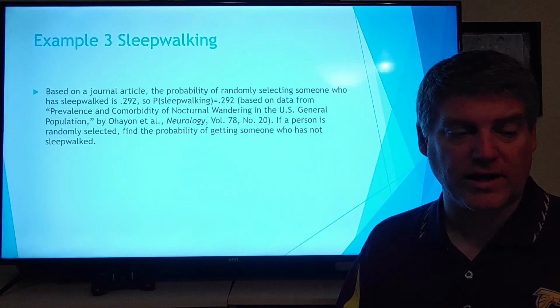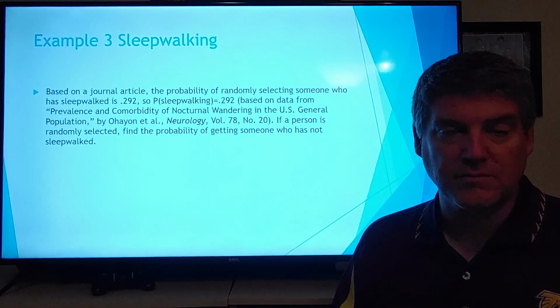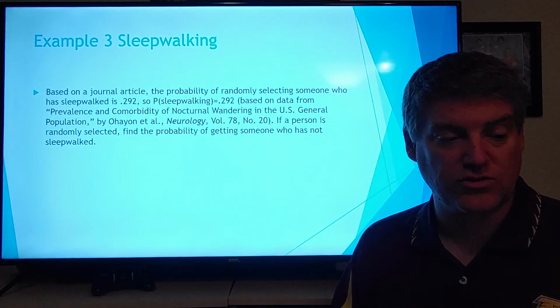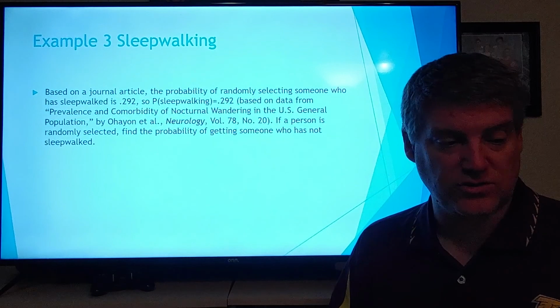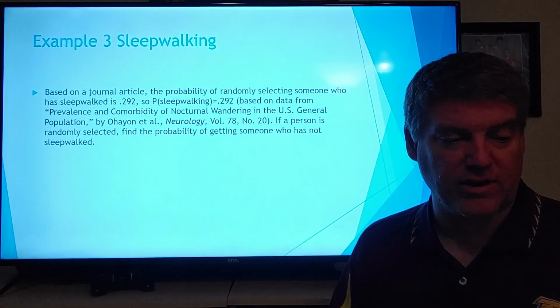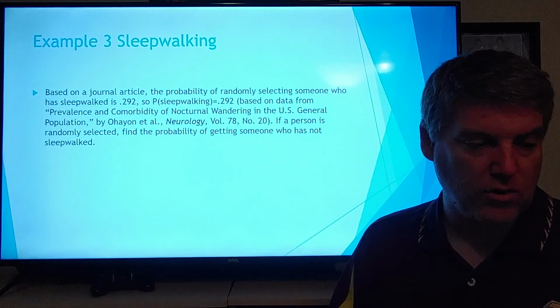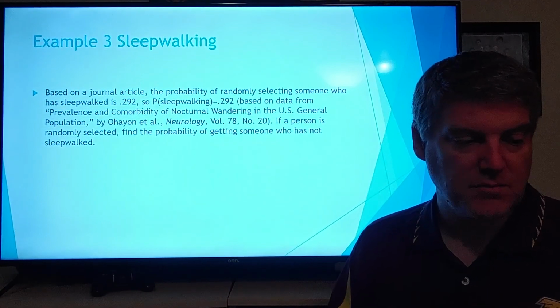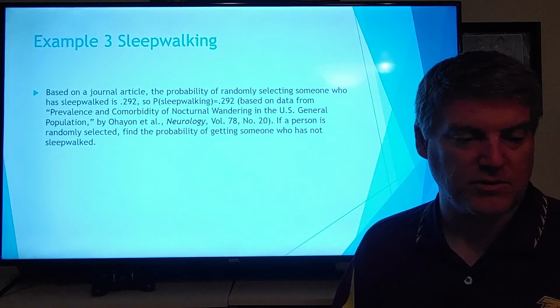Example 3, sleepwalking. Based on a journal article, the probability of randomly selecting someone who has sleepwalked is 0.292. So the probability of sleepwalking is 0.292, based on data from the prevalence and comorbidity of nocturnal wandering in the U.S. general population by Ohayon, Neurology, Volume 78, number 20.